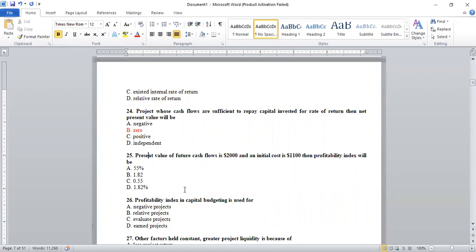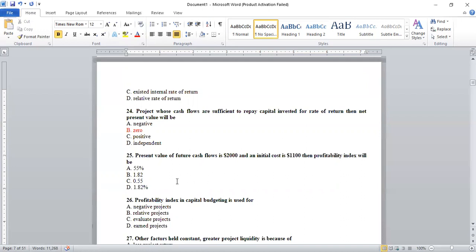Present value of future cash flows is 2,000. Okay. And an initial cost is 1,100. What is the profitability index?